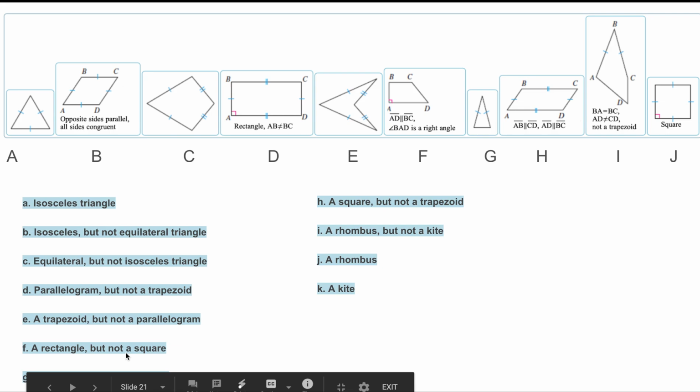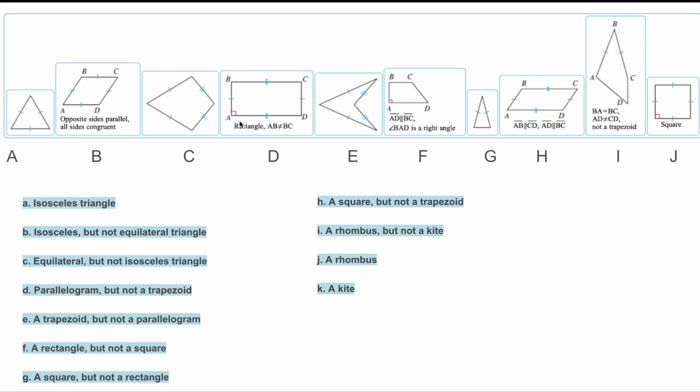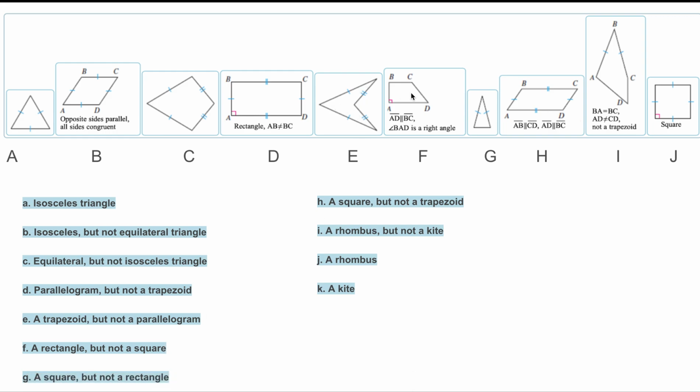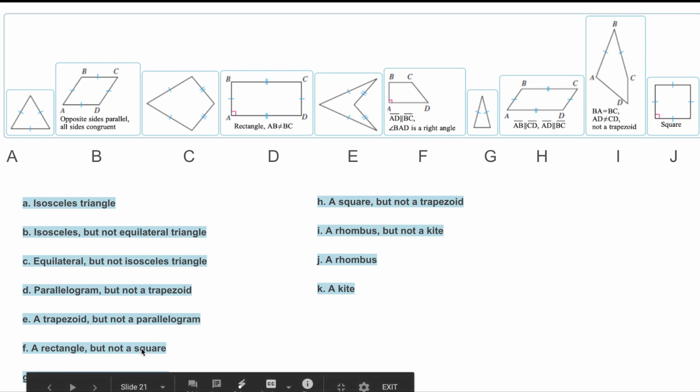Which one is that? This one is not even a 90-degree angle, so no. This one has all four angles at 90 degrees and the sides are not all congruent, so D is a good one, right? The others are rectangles but also squares, so just D for F.